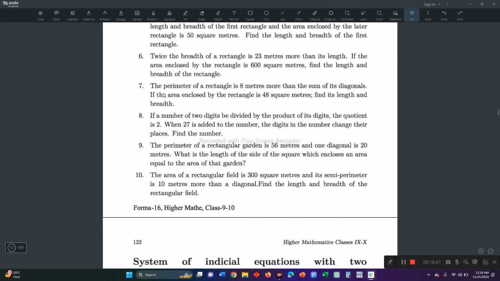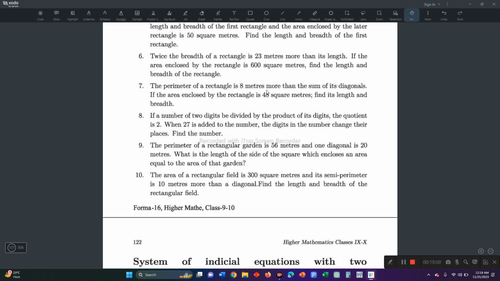Then number 7. The perimeter of a rectangle is 8 meters more than the sum of two diagonals. What is the formula for the perimeter of a rectangle? That is 2 into (x plus y). What is the formula for a rectangle's diagonal? That is root over x square plus y square.